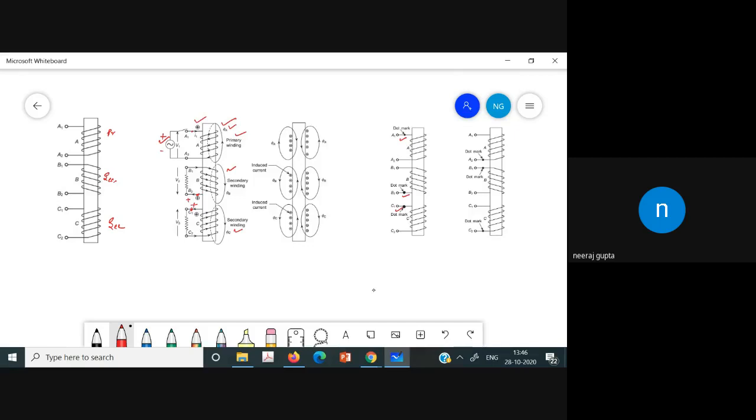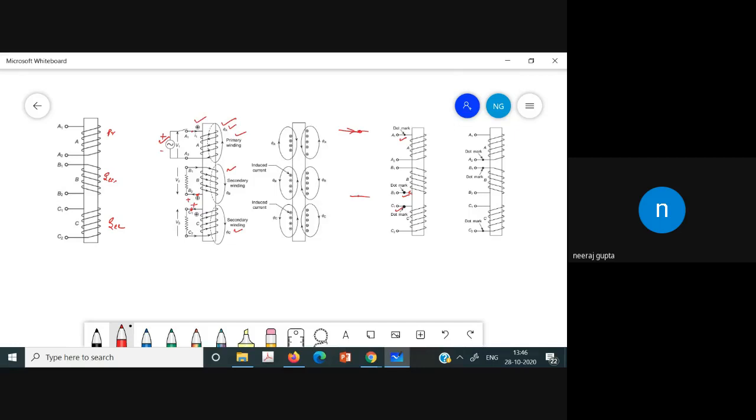So it means that when the current enters a dot on the primary side of the CT, as we have seen here, then the current must leave the similarly marked dot on the secondary side, as you have seen here.